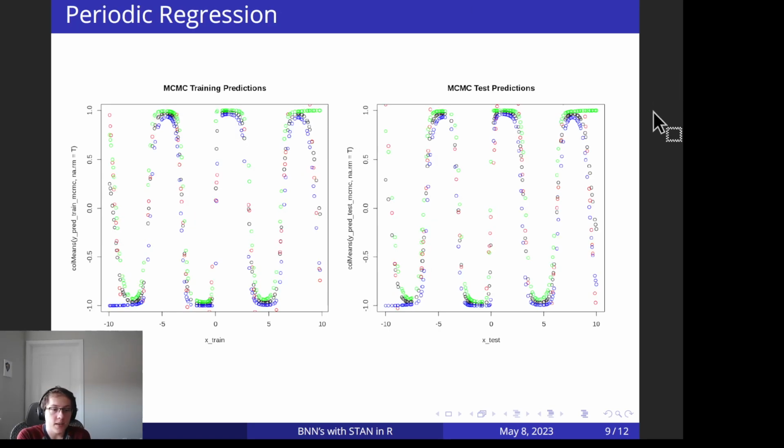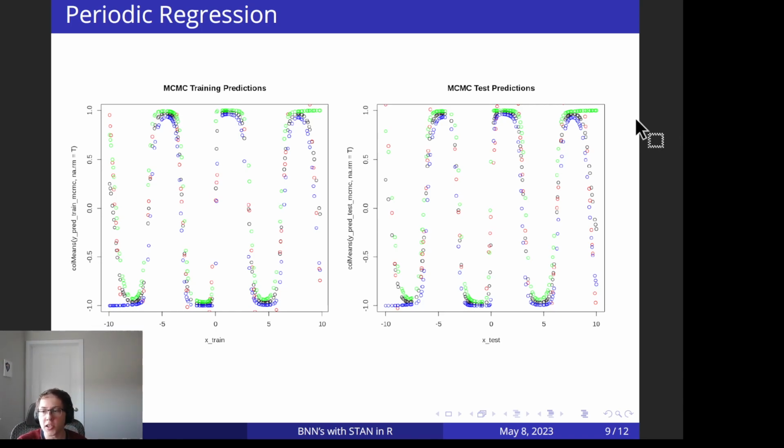I also tested sinusoidal regression. In particular, this is y equals sine x. It's a bit complicated to look at, but we do see that the black and red dots align pretty well. Obviously, our model is always going to be an approximation, but it seems to be a good approximation.